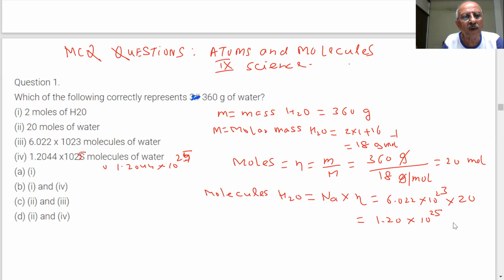That is our fourth part. So what is the correct answer then? The second is correct, the fourth is correct. Second and fourth are correct, then the answer will be the D part. Answer is D. Okay.